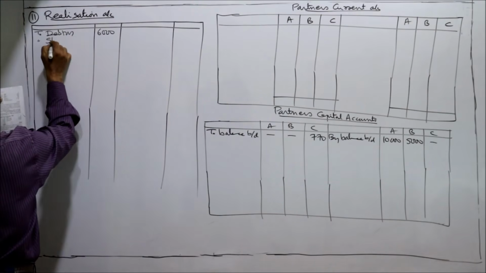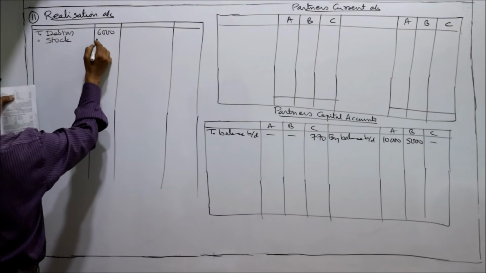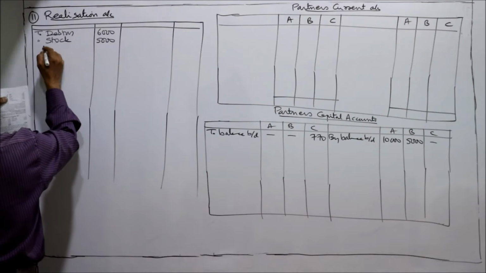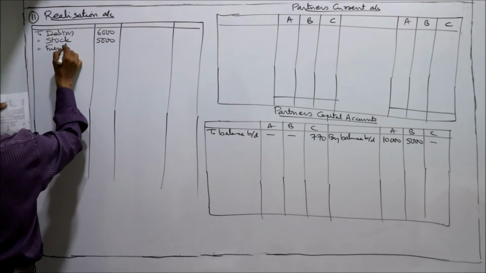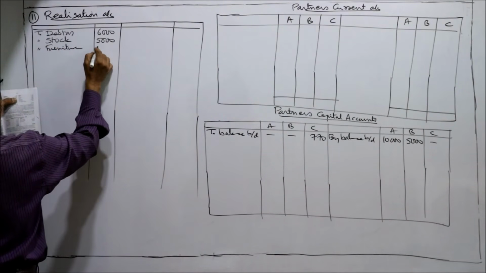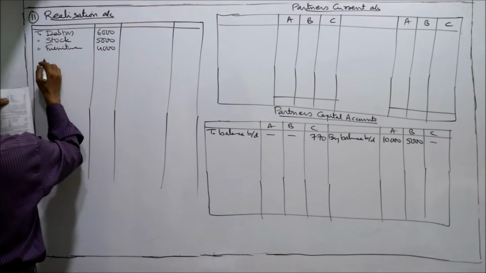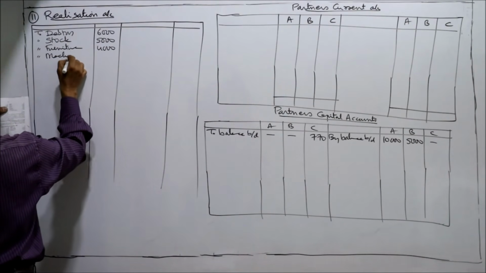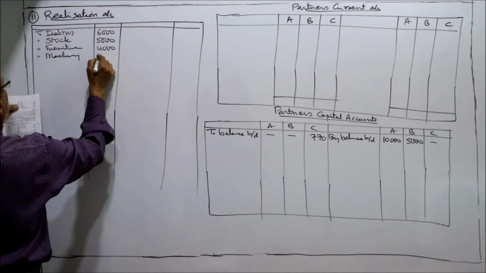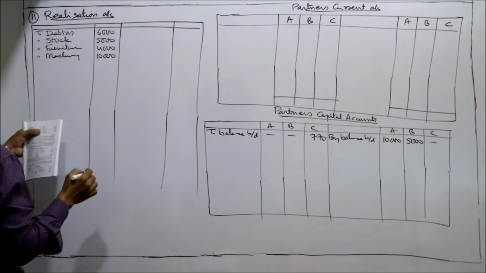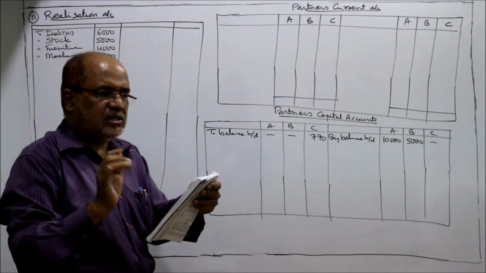To stock, 5,000. To furniture, 4,000. To machinery, 10,000. That's it. All the assets have been transferred to realization.